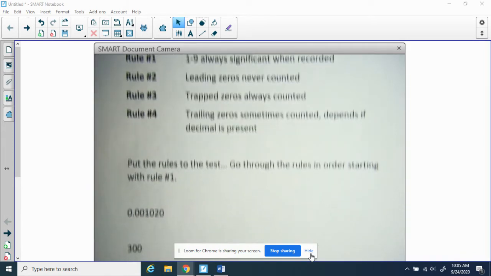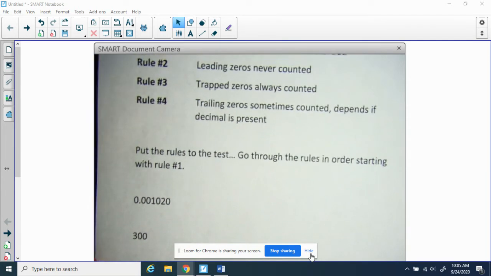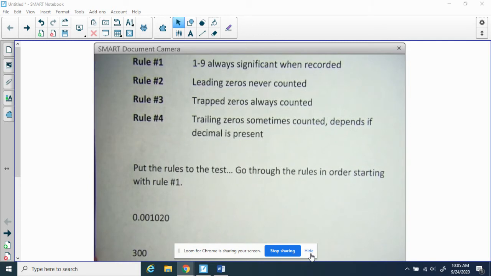The first number example we're going to do is this one, 0.001020. This will actually allow us to go through all 4 rules and see how they apply to an actual number. So I suggest when you go through the rules that you always start with rule number 1, apply that rule first, and then move on to rule number 2.